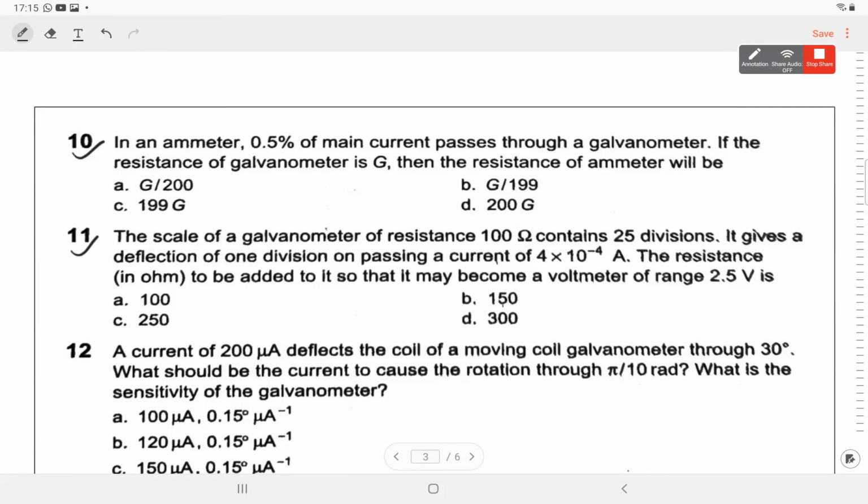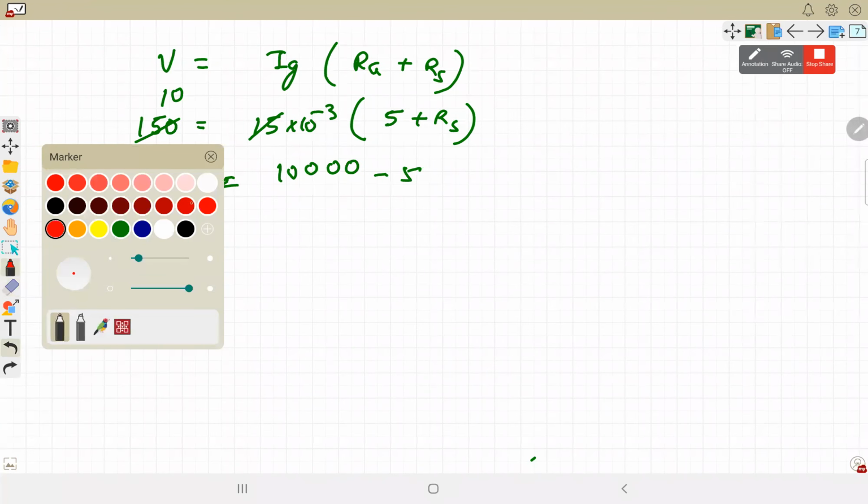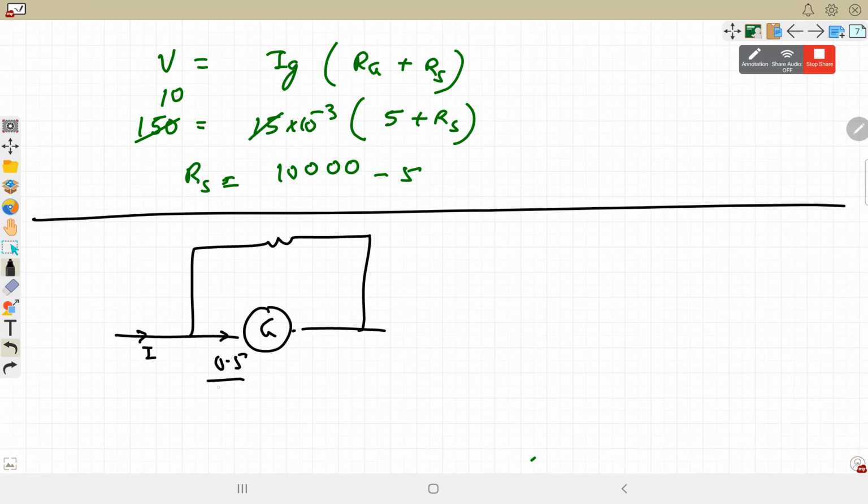The total current 0.5% passes through the galvanometer, so 99.5% passes through the shunt. 0.5 by 100 passes through the galvanometer, and the remaining 99.5% will pass through the shunt resistance.